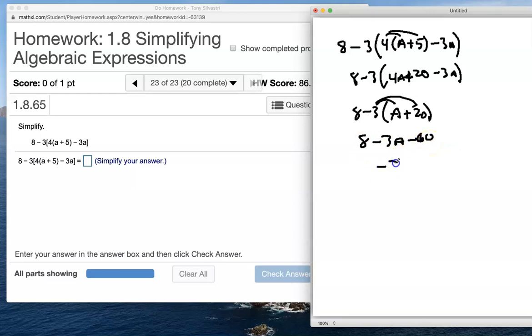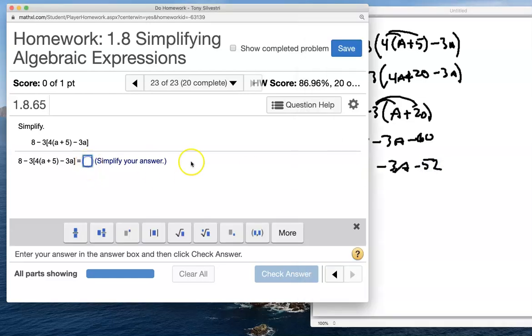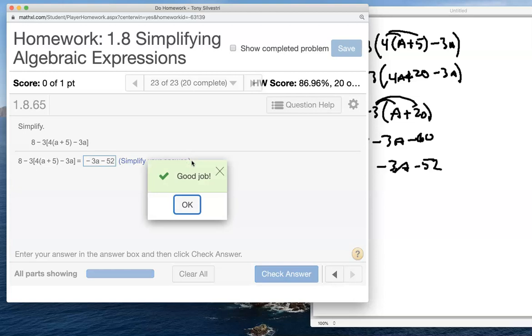Looks like minus 3a is by itself. 8 minus 60 is negative 52. And that's it. That's the answer. I sure hope it is, because I can't do this anymore. Yes, very good. Okay.